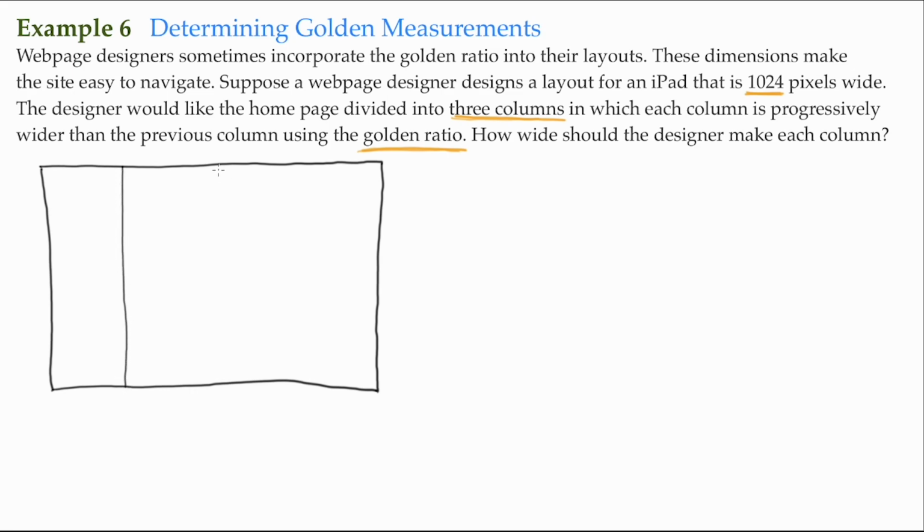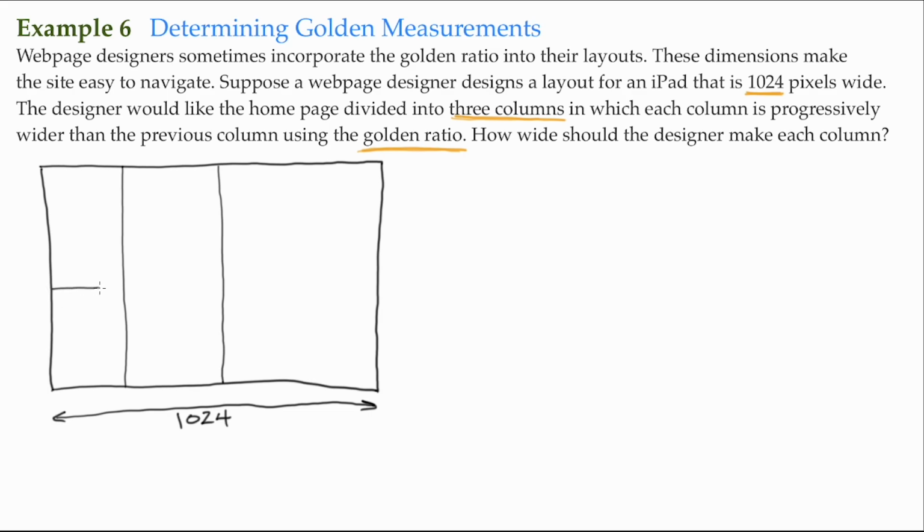Each column gets progressively larger according to the golden ratio. So this whole iPad here is going to be 1024, and we need to determine the width of each one of these columns. That's what the word problem is saying.